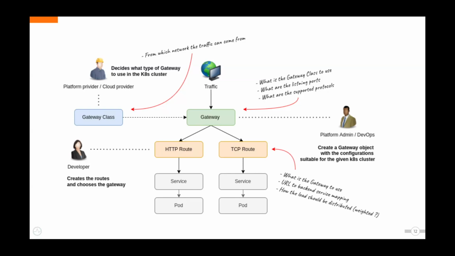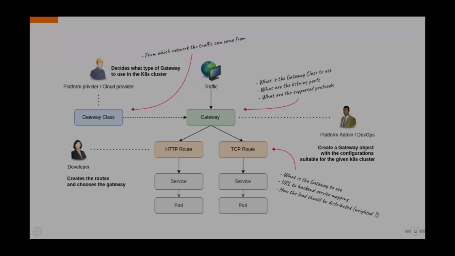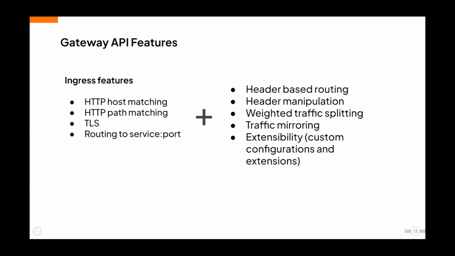So the developer doesn't have to worry about the underlying infrastructure. So these are some of the features that you will get with the Gateway API. In addition to the ingress-related features, you will get header-based routing, header manipulation, weighted traffic splitting, likewise different features. And also, you can do some extensions. You can implement your own routing and related implementation, right? So this is the Gateway API. This is not part of Kubernetes. This is an additional thing that you can install and use, right?